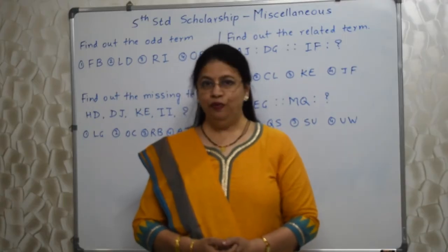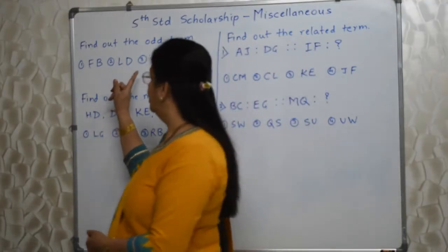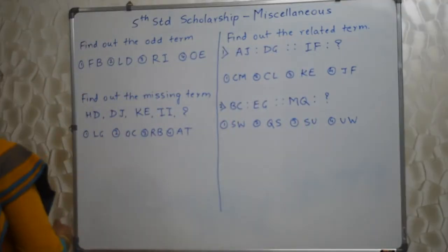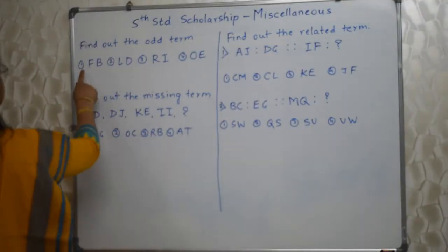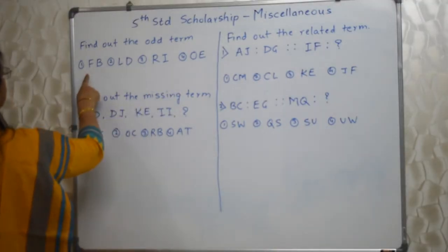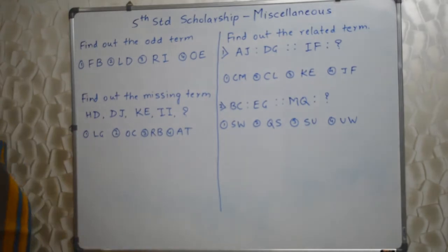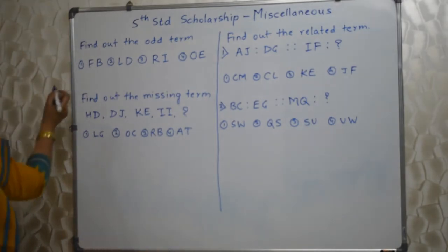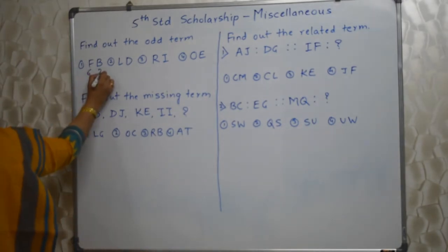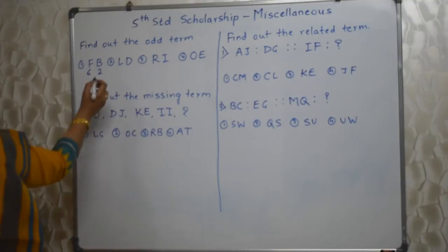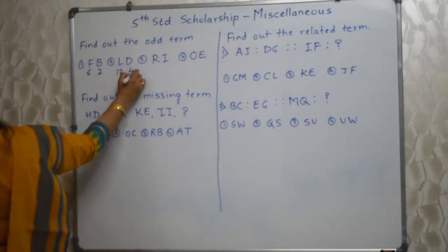Students, I have written few sums on the board. See this sum first. See, they have given the letters here. So our job is to give their respective serial number. How much is F? F is 6. This is 2. L is 12. D is 4.